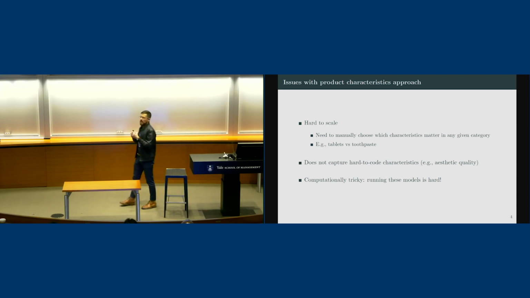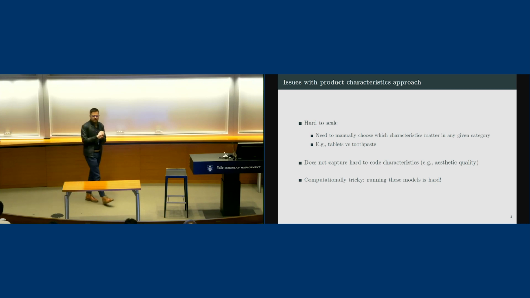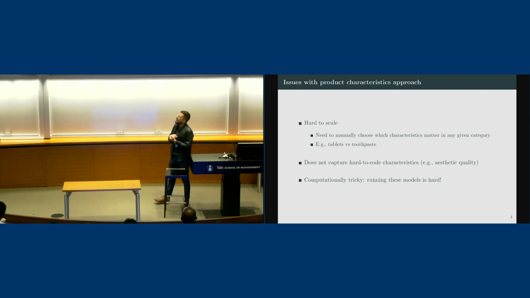I need to think about what the flavor is, whether they have whitening properties or not. So for each category, I need to tailor my approach and make a judgment call as to what the relevant characteristics are. And so if we are interested in modeling demand across many different categories, this is not going to be very scalable, and it's going to require a lot of hand-holding.